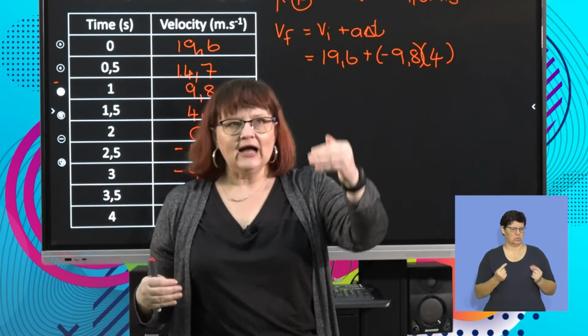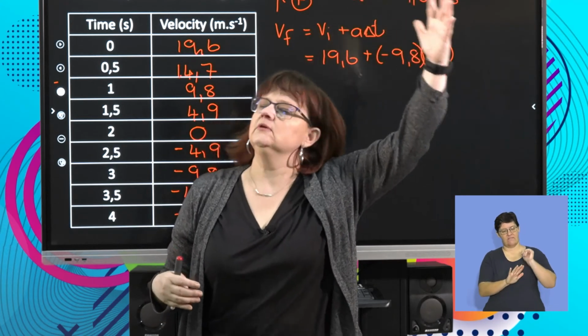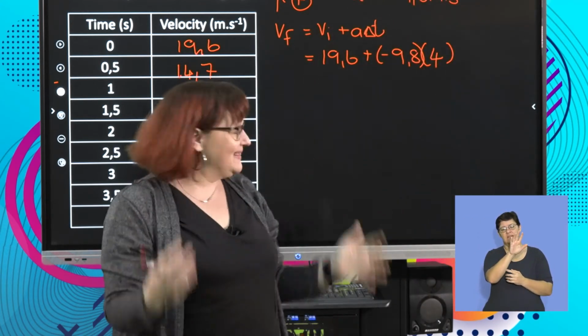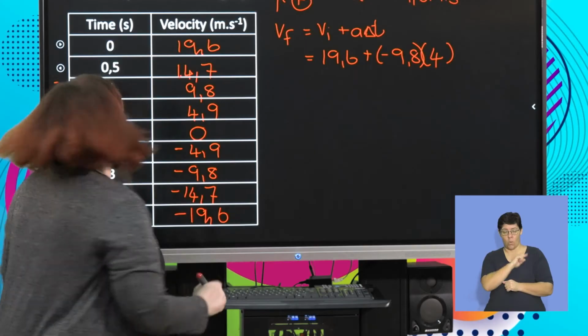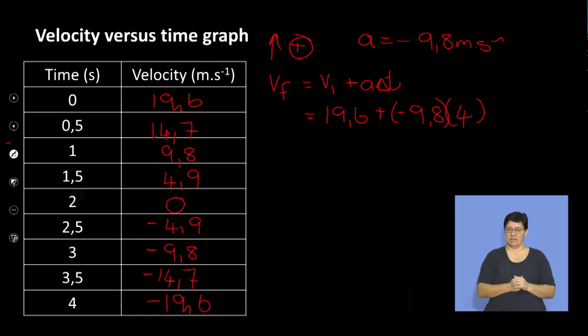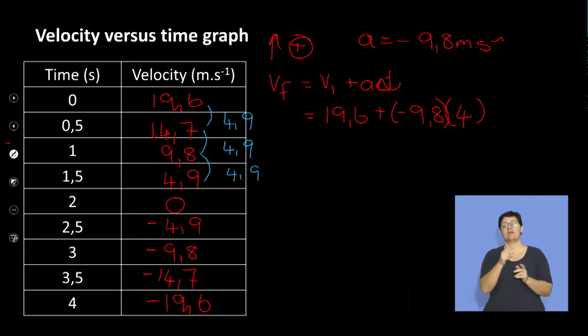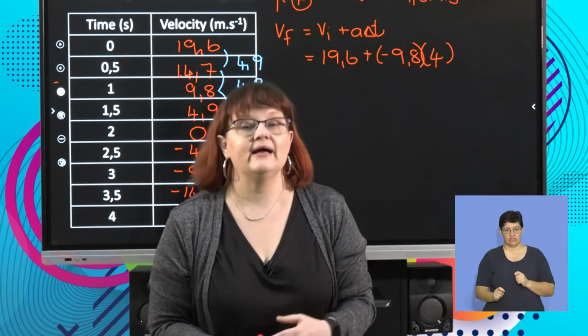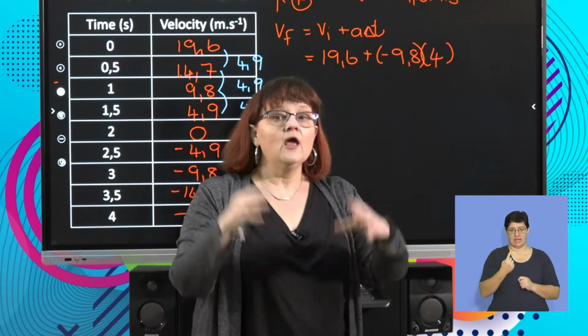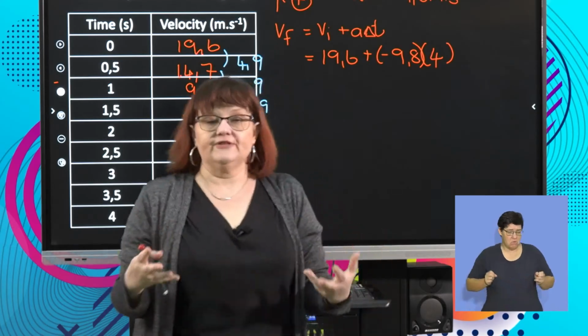We'd go 5, 10, 15, etc. But this one, because if I minus those two together, I'm going to get 4.9. If I minus those, it's 4.9. Minus those, it's 4.9. So the velocity is changing by 4.9 every time, okay? And we're okay with that because it's half a second.